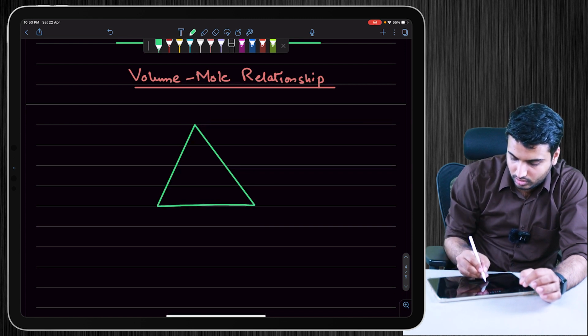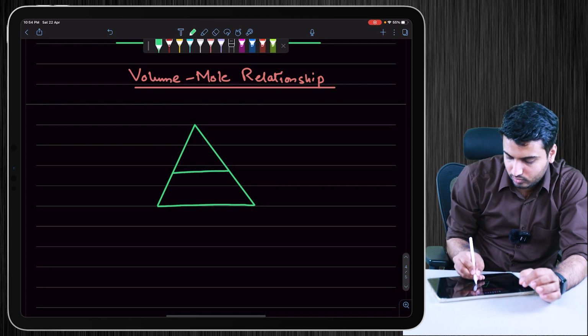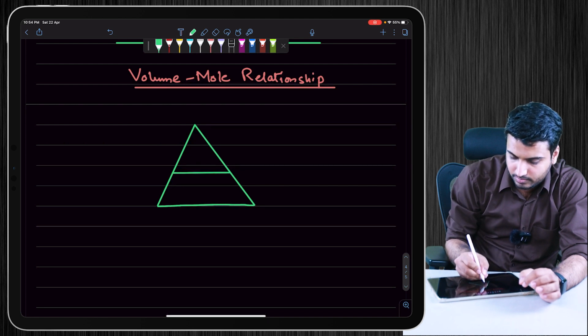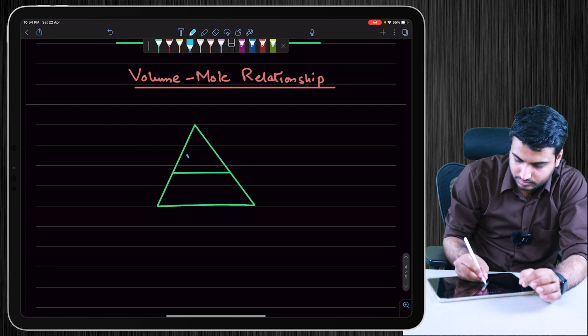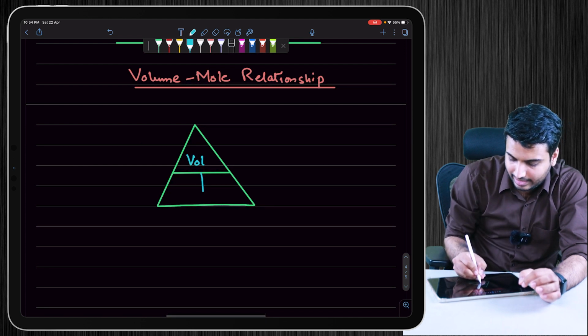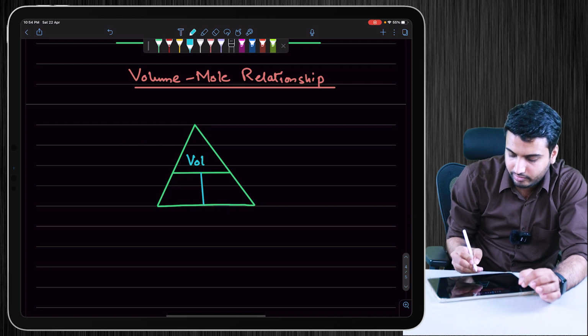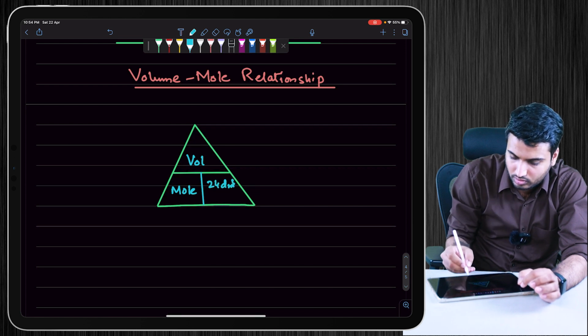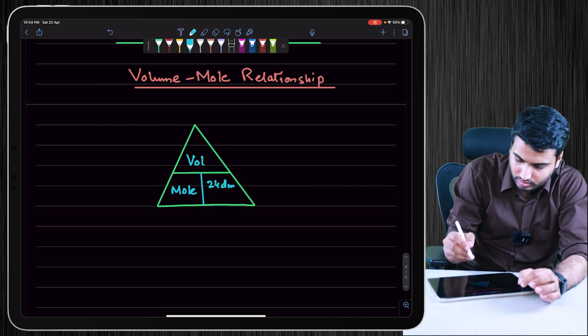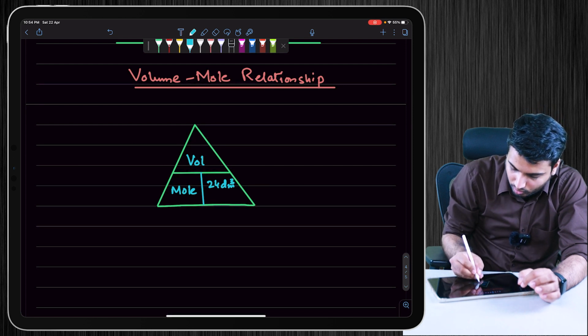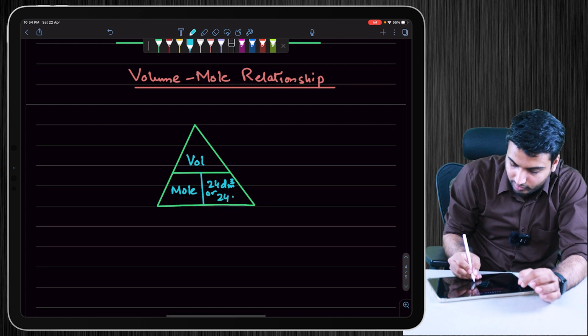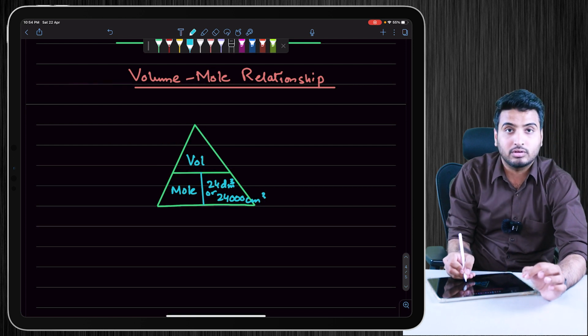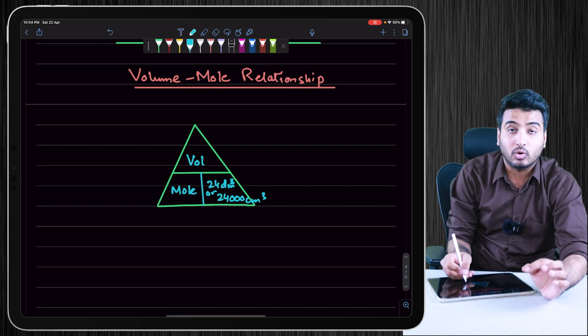We have volume on the top, and on the left side we have moles, and here the quantity is 24 dm cube, or 24,000 centimeter cube. I'm going to tell you about this quantity in a while.